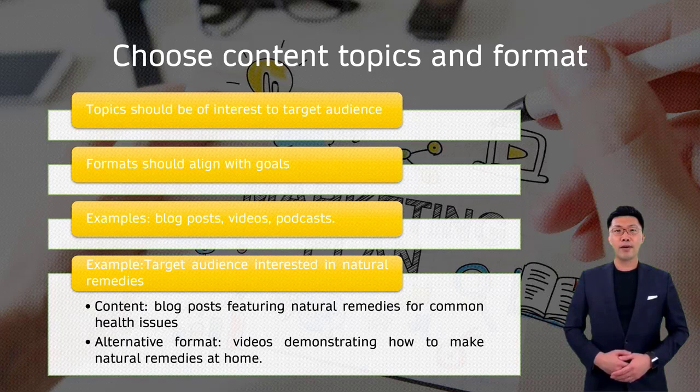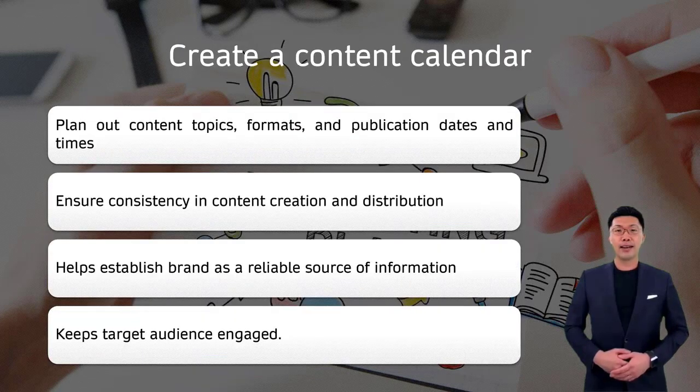For example, if your target audience is interested in natural remedies, you may choose to create blog posts that feature natural remedies for common health issues. If your target audience is more visual, you may choose to create videos that demonstrate how to make natural remedies at home.